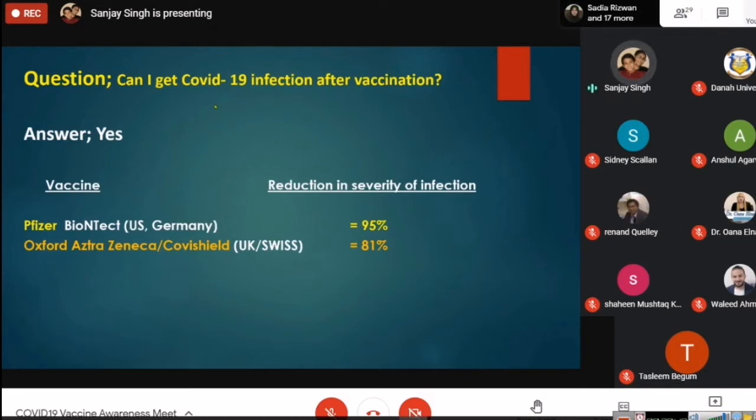It only means that if you get an infection of COVID-19, the severity will be 95% less. So know the difference. It means that if you get the infection, the severity will be lessened by 95%. There are other vaccines that we are not using in Kuwait, with their own protective effectiveness.